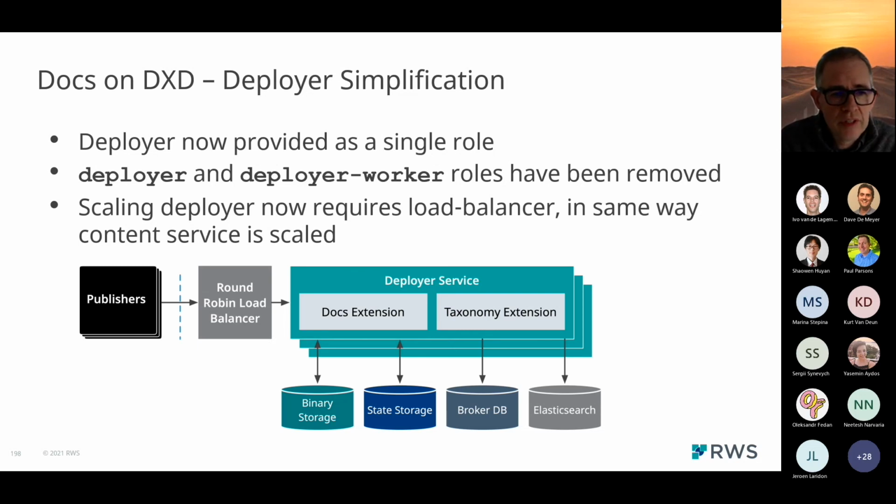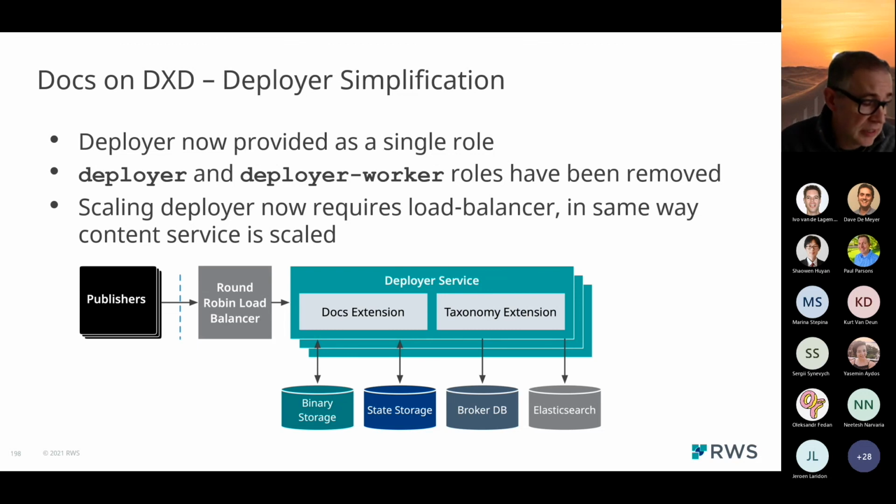One was what we called the deployer combined role, and then we had separate roles, a deployer API endpoint and a deployer worker. In the past, we would have a single deployer endpoint and then multiple worker roles. It worked quite well, but it meant extra complexity in determining which of the various combinations of deployer you choose.